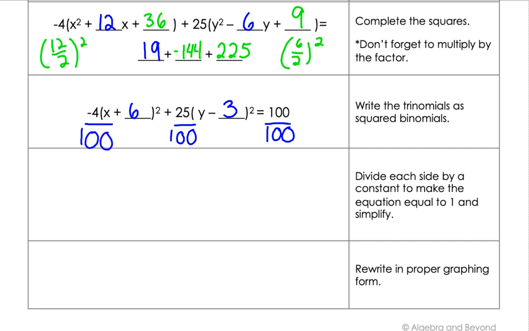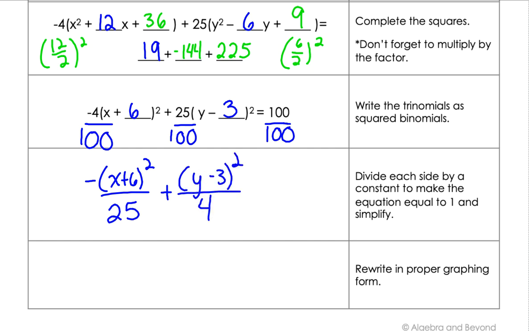So when I reduce those fractions, I would have negative x plus 6 squared over 25, because 4 over 100 reduces to 1 over 25, plus y minus 3 squared over 4, because 25 over 100 equals 1/4. And now my equation is equal to 1.